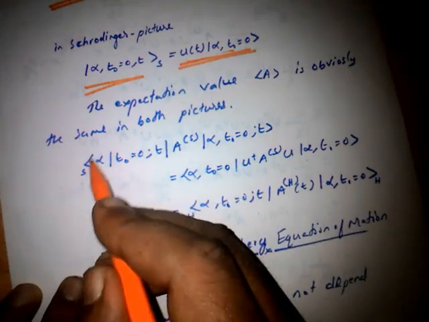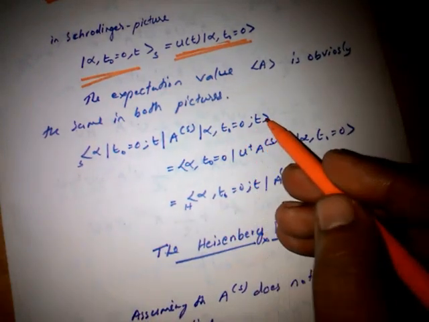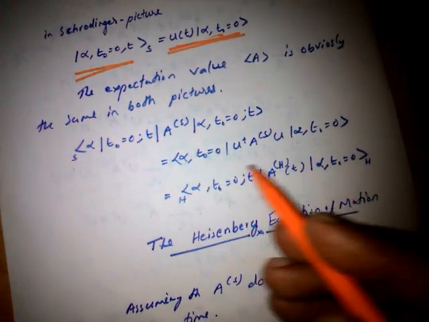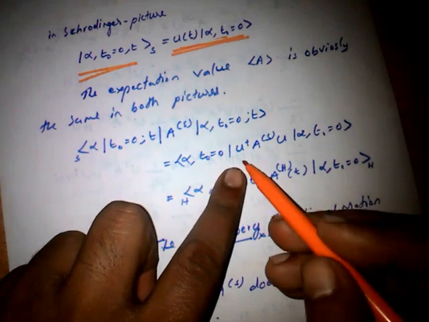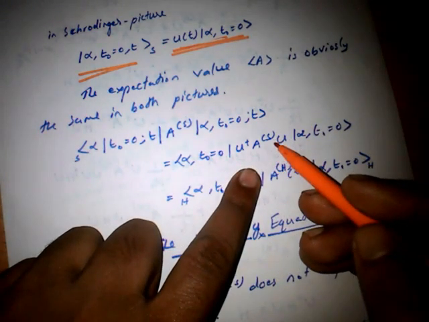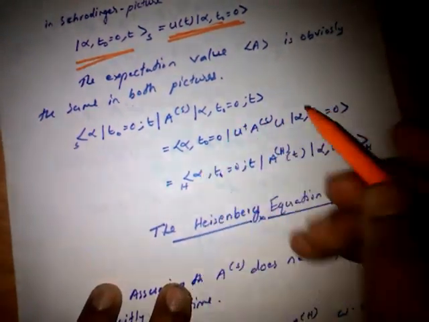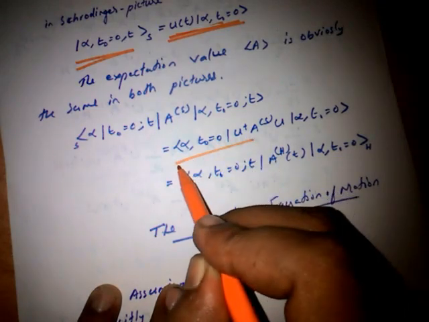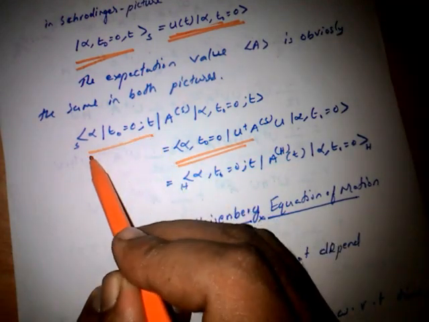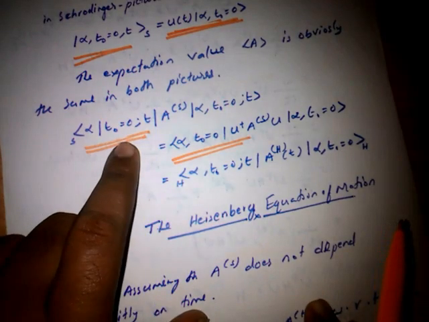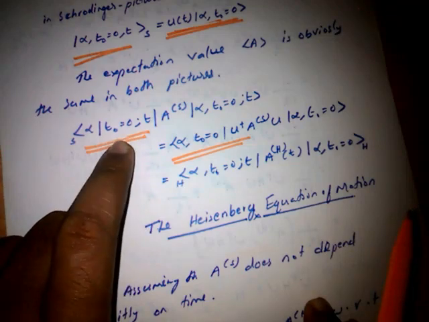Mathematically we can represent this as: alpha, t not equal to 0, t, A in Schrodinger's picture, alpha, t not equal to 0, t, that is equal to alpha, t not equal to 0, U dagger A in Schrodinger's picture U, alpha, t not equal to 0, because in Schrodinger's picture the state ket is changing, not the operator.